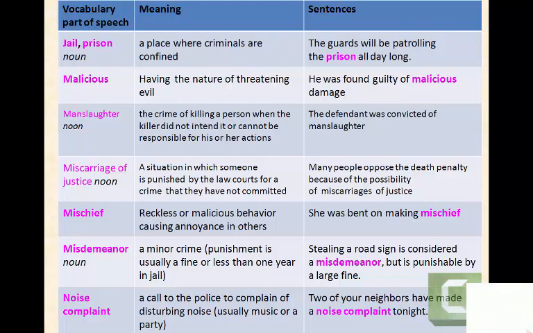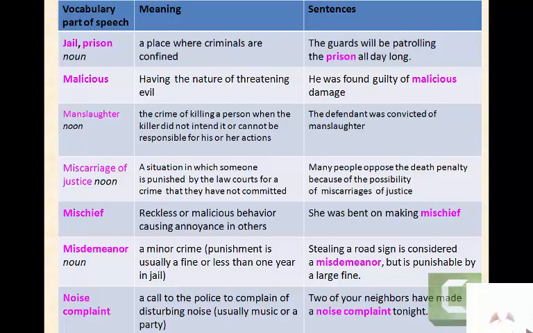Mischief. This means reckless or malicious behavior causing annoyance in others. Example, she was bent on making mischief. Misdemeanor. Now, this means a minor crime or punishment, usually a fine or less than 1 year in jail.